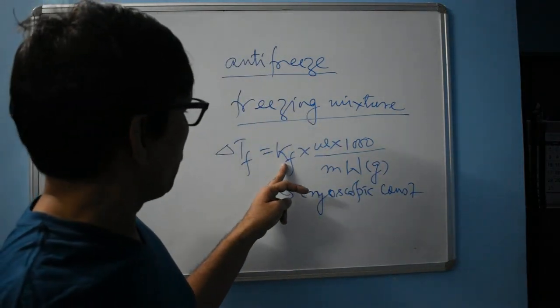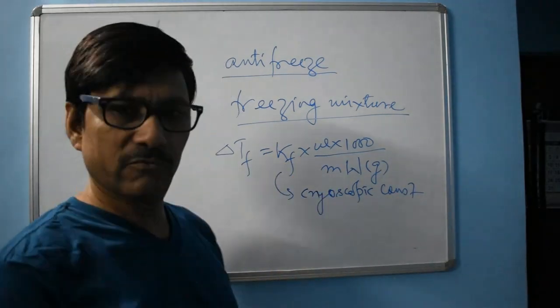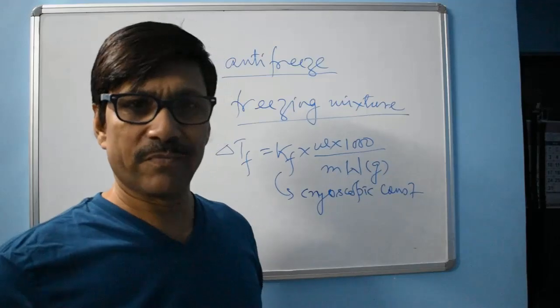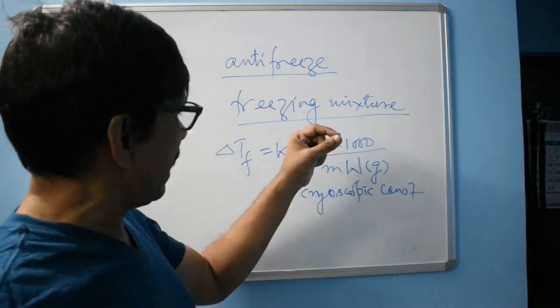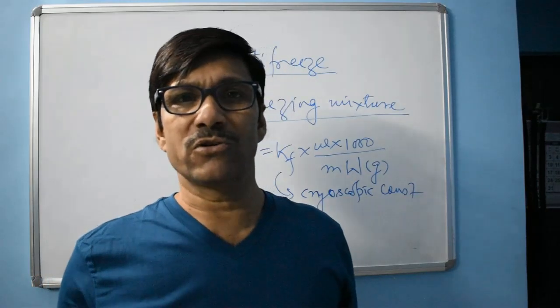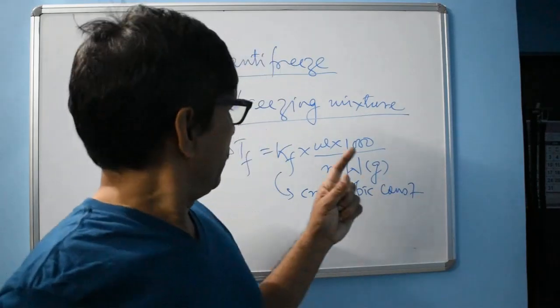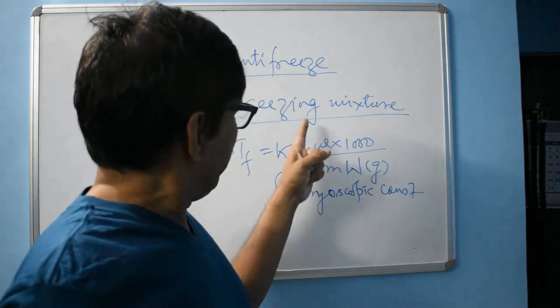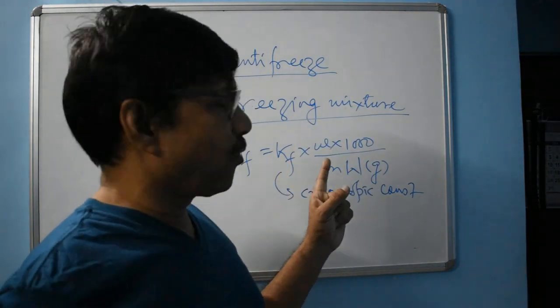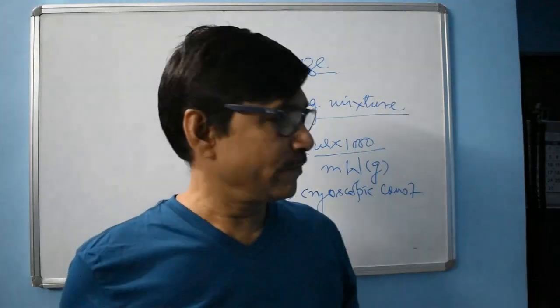Different solvents have different values of Kf. For water I gave you that its value is 1.86. It means if you add 1 mole of any non-volatile, non-electrolytic solute, then the freezing point of that mixture will be minus 1.86 degrees Celsius.